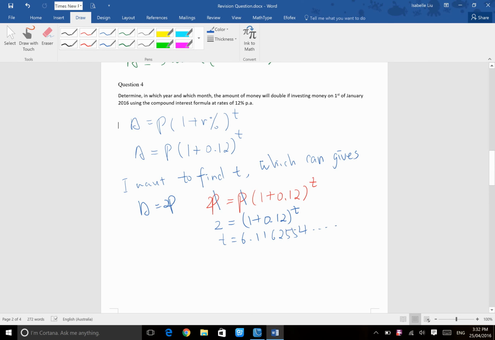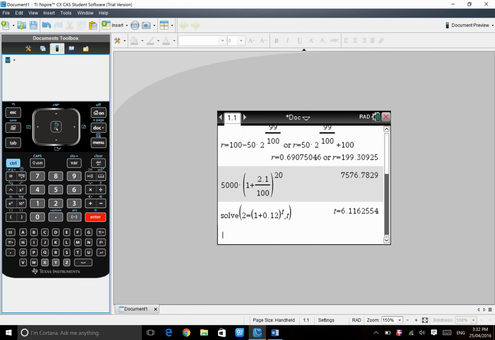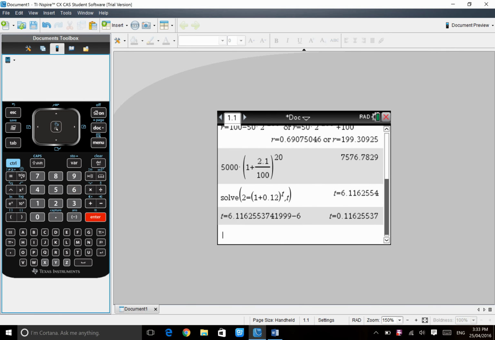But my question is asking in which year and which month this can double. So it must be after 6 years. But how many months? 0.116 is how many months? I will copy this value down and minus this value by 6. I have this value, so it's the decimals.